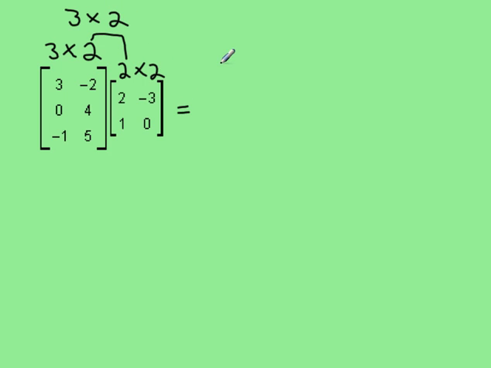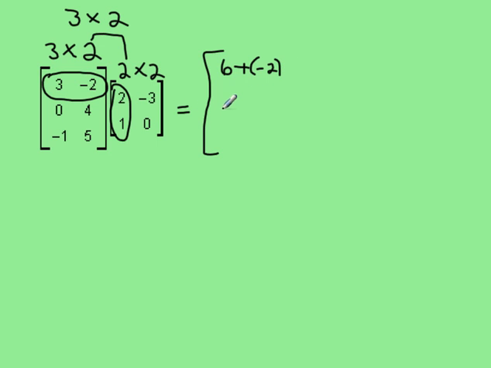So now let's put this together. Okay, it's going to be a 3 by 2. So I'm going to take row 1 times column 1 first. 3 times 2 is 6, plus negative 2 times 1 is negative 2.